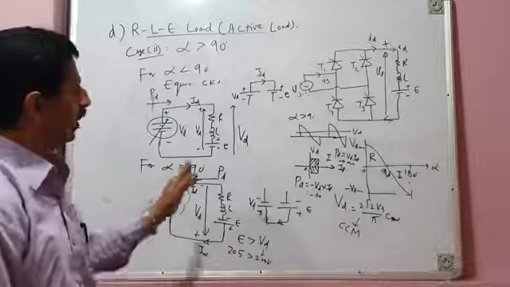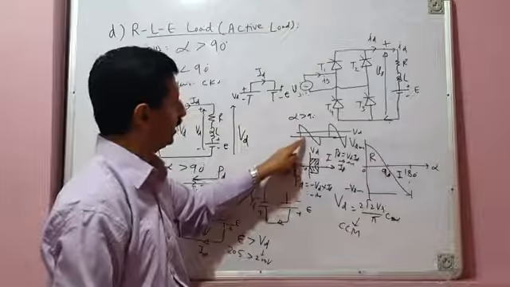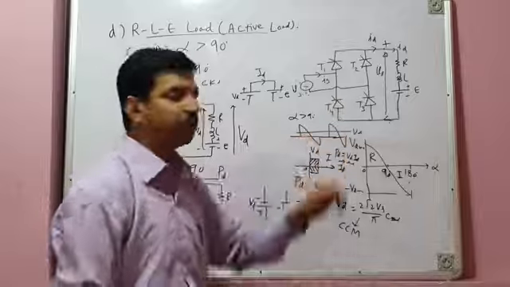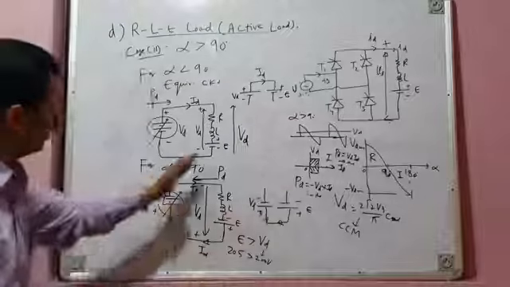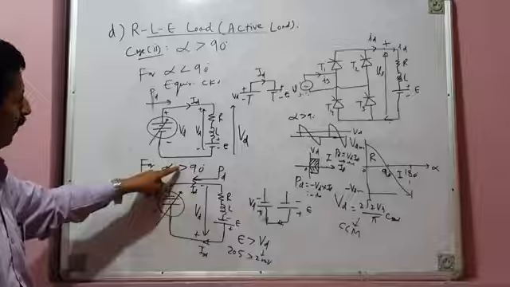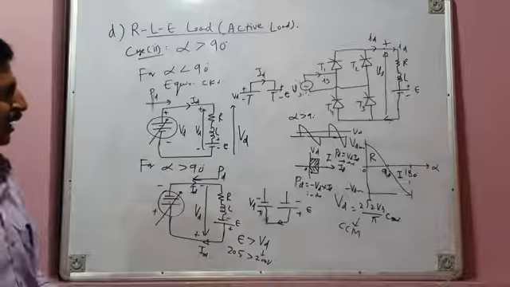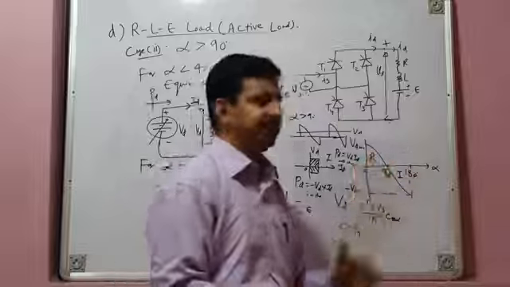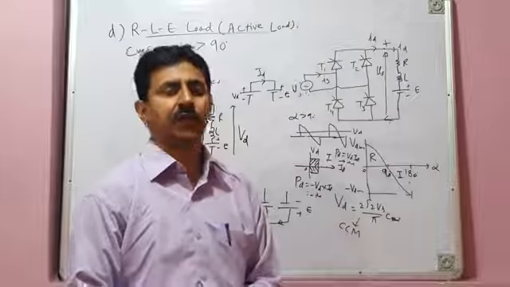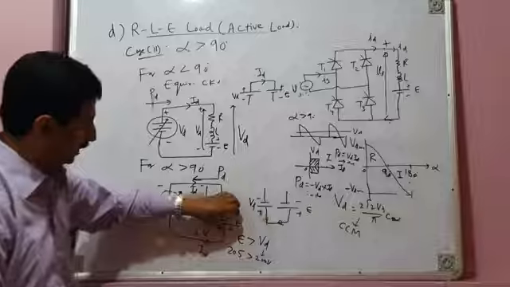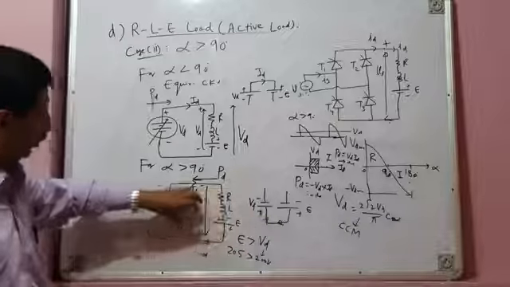It is not possible otherwise. You have previously seen for alpha greater than 90 degrees, for RL load, average output voltage is still positive. But for RLE load, active load, we have seen for alpha greater than 90 degrees, your average output voltage is negative, not positive. And that means from 90 to 180 degrees, average output voltage is negative, and your converter takes energy from DC, converts that DC back into AC.